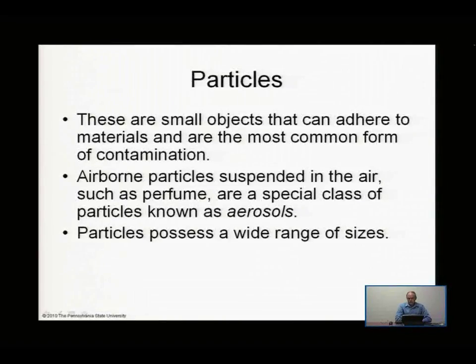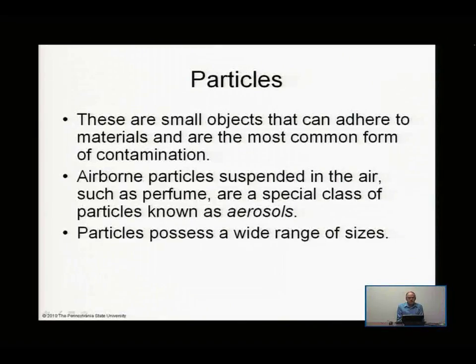So right away we think that if we don't want these small airborne particles, we're trying to really control that, because we know we need yield, we need to have products that perform, then we know we have to worry about aerosols, and perfumes obviously are an example of a source of aerosols. So we can't wear perfumes when we're doing nanofabrication if we really want to control what's going on.